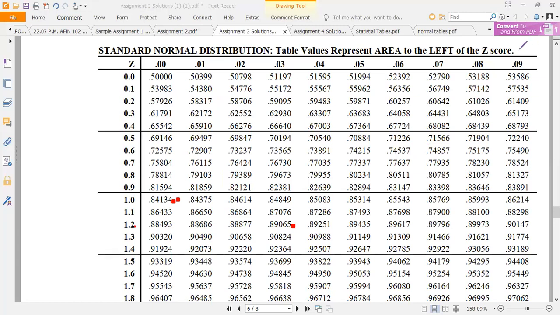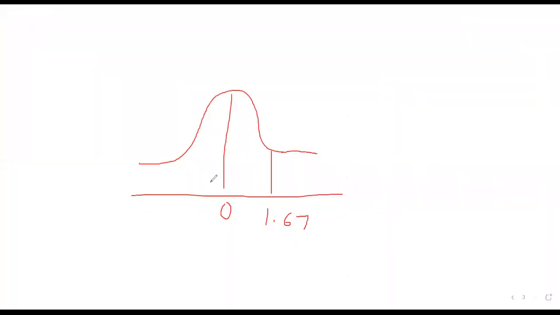Yes, Patricia. You go to 1.6 and then 0.07, which will be 0.95254, so 95%.